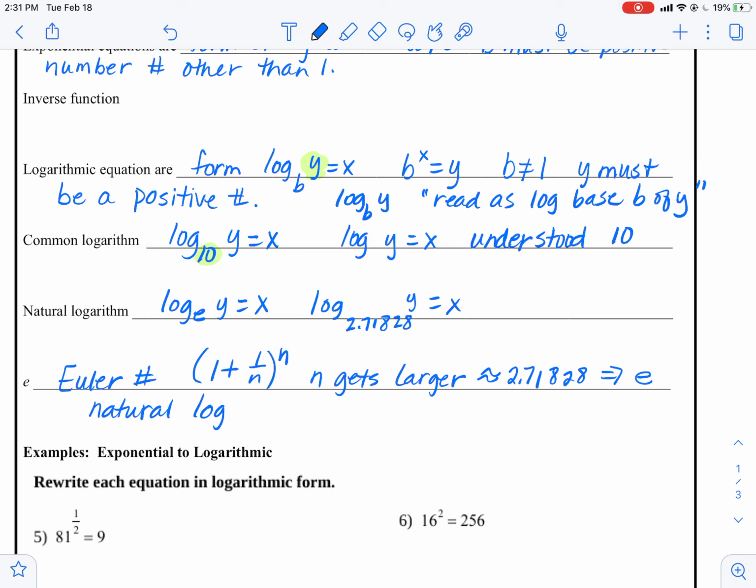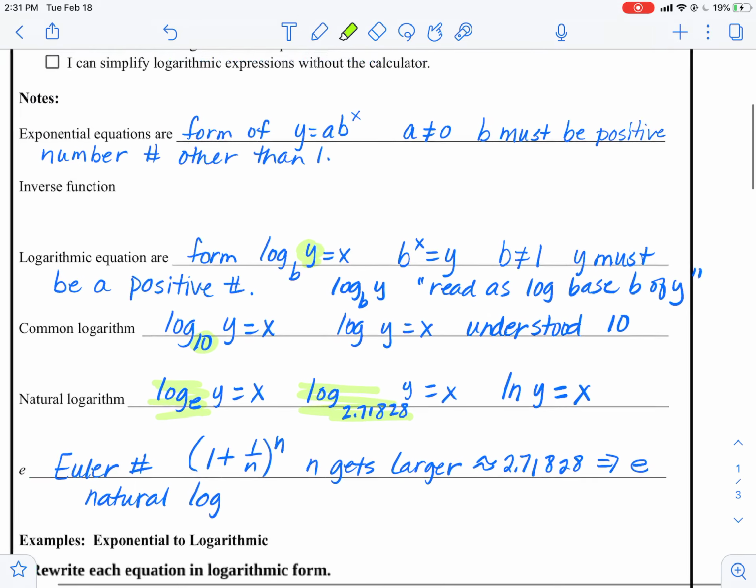Just like we shortcut log base 10 to just log, log base e has been shortcut to just ln, natural log. So when you see ln of y equals x, what it really means is log base e, or log base that 2.7182. Be sure you're aware of the common log and natural log, as they are special logarithmic equations.